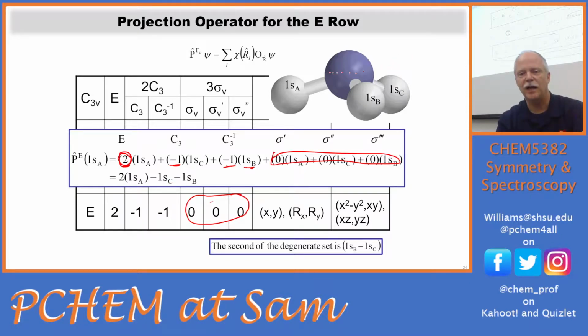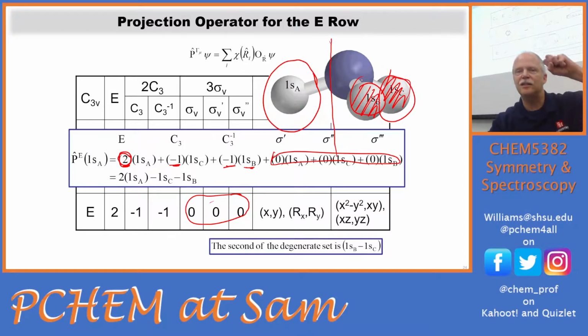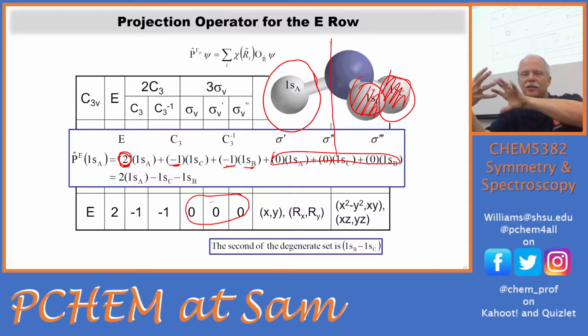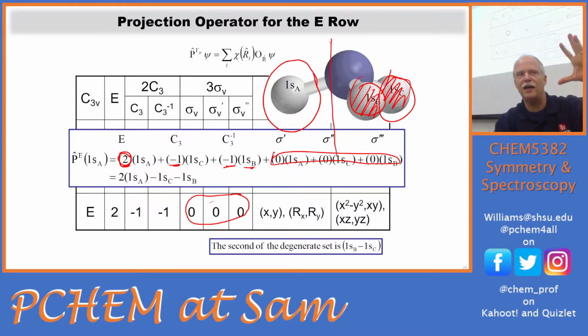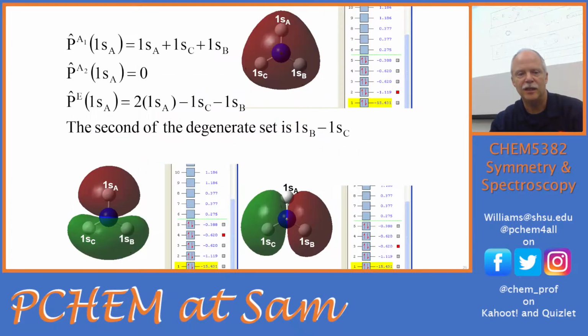So what does that look like? That means the 1sa is sort of increased in size, and these are shaded. So there's a node now. You see the node? And so this is this one expanding, and these two contracting, and these two expanding, and that one contracting. And so this is the picture that we see right here of that one.